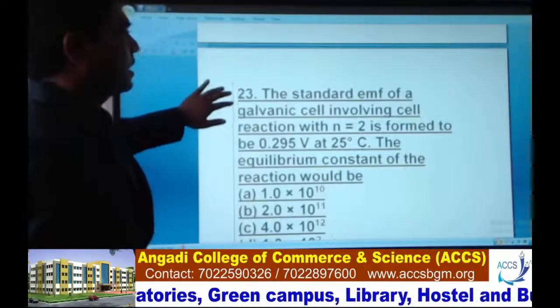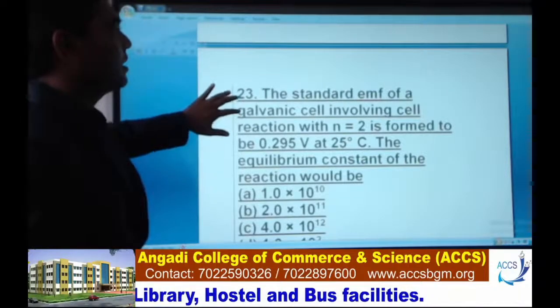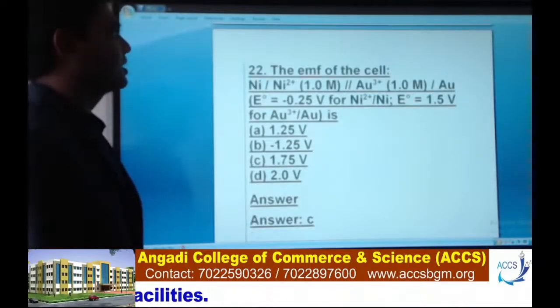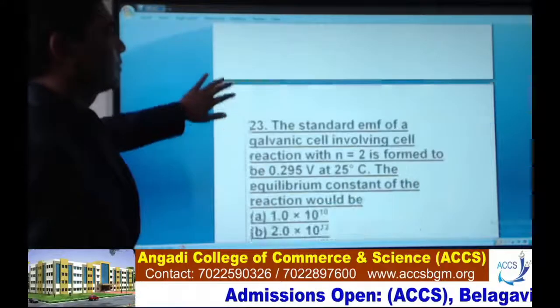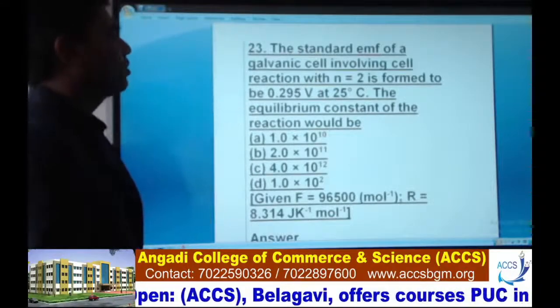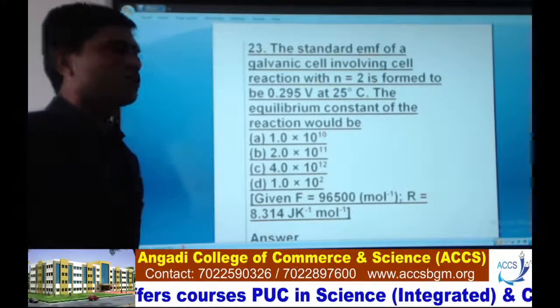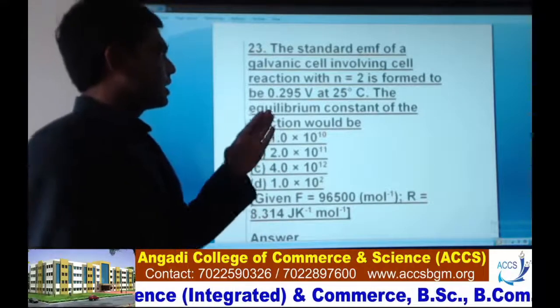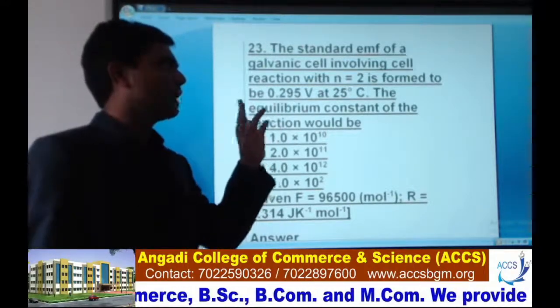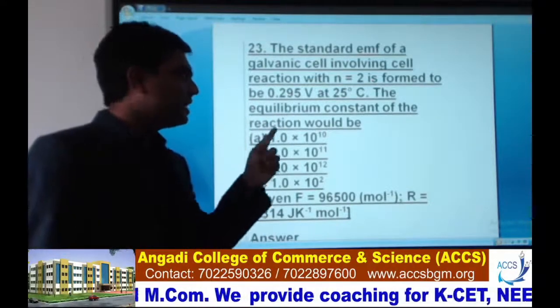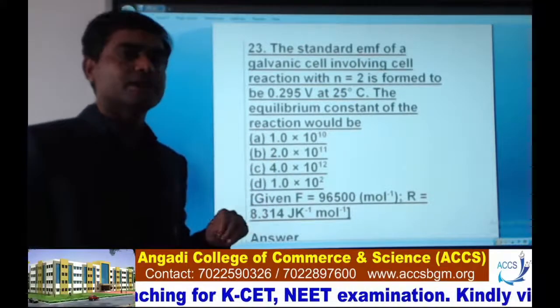Next question, and the last question, I think. The standard EMF of the galvanic cell involving a reaction with n equal to 2, the number of electrons, is found to be this much value at 25 degrees Celsius. The equilibrium constant of the reaction will be.